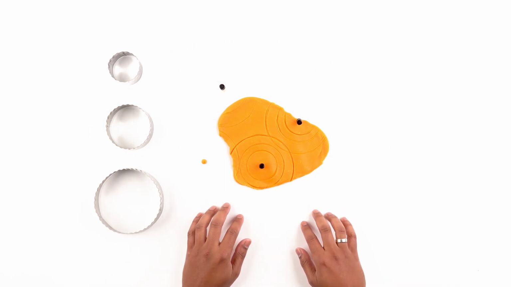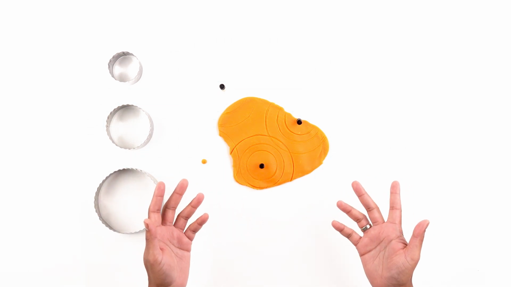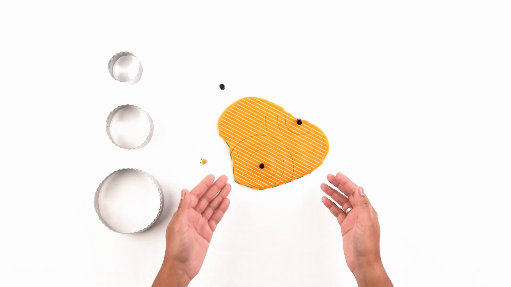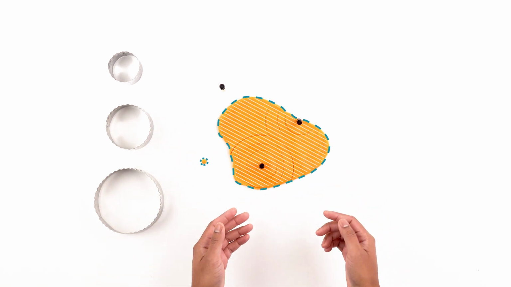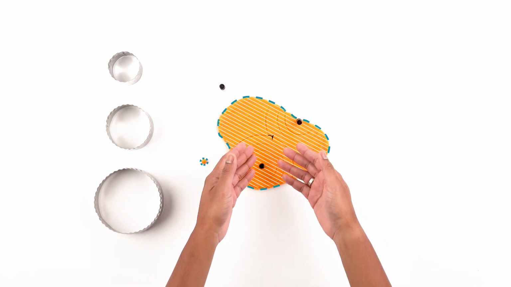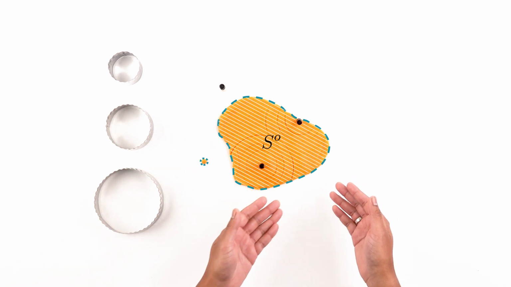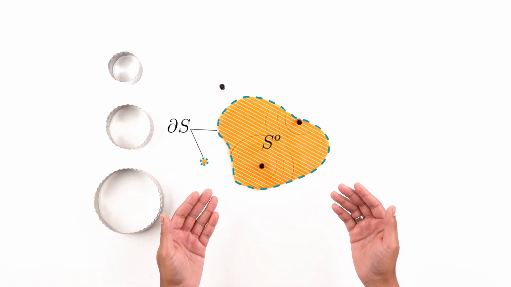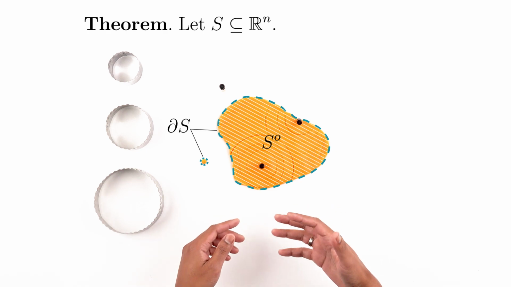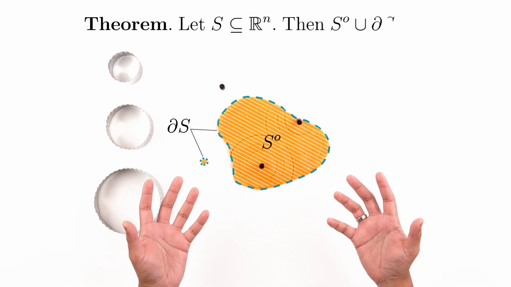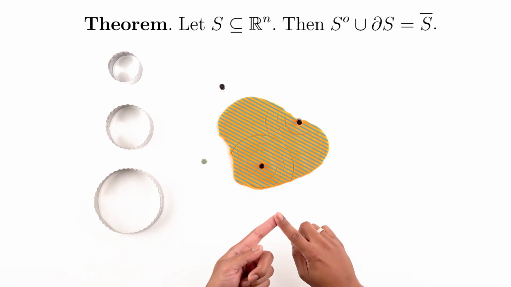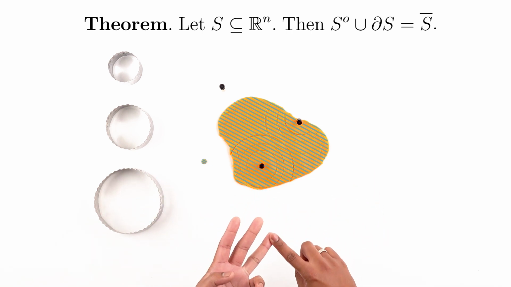Reflecting a bit more, this observation spawns a discovery. The closure of S is both the inside and the edge of the mango. Remember, the inside corresponds to the interior of S, and the edge corresponds to the boundary of S. So, equivalently, the closure of S is the union of the interior and the boundary of S. This makes a really nice theorem relating limit points, interior points, and boundary points.